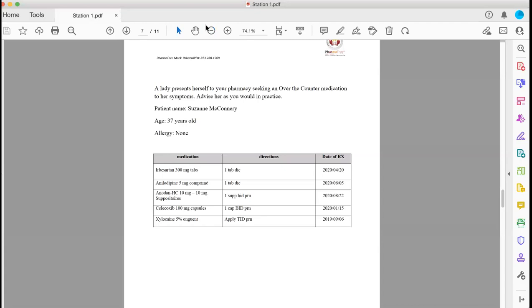You're putting her child at risk. This is an ABC scheme question. This lady is a female, so you have to ask if she is breastfeeding or pregnant. Unluckily, she is pregnant and she's taking irbesartan.